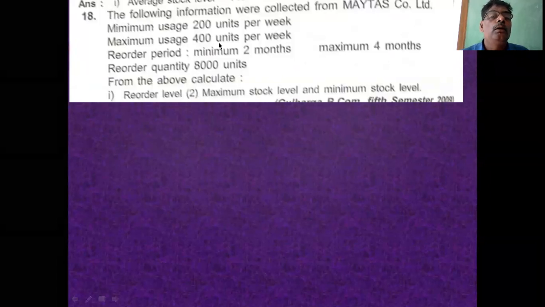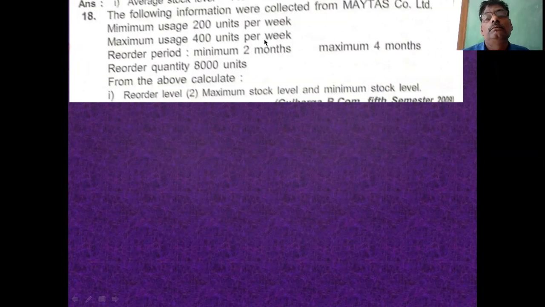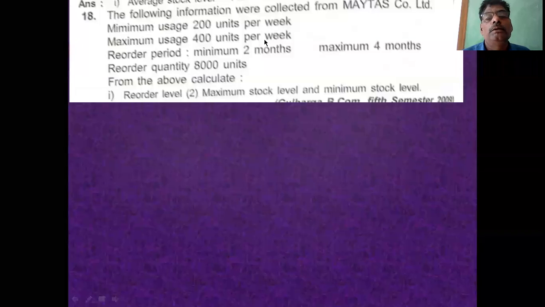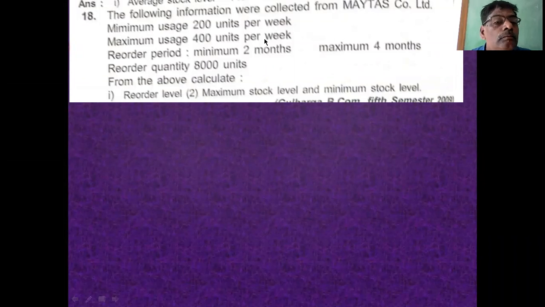Maximum usage is 400 units per week. Per week consumption is maximum 400. What is the maximum consumption for a month? 1,600 units. Come on, tell me.